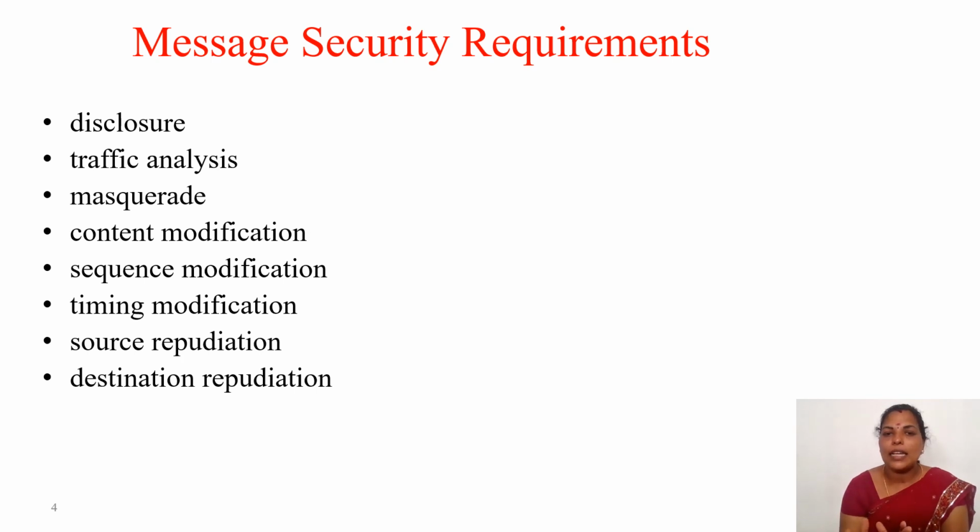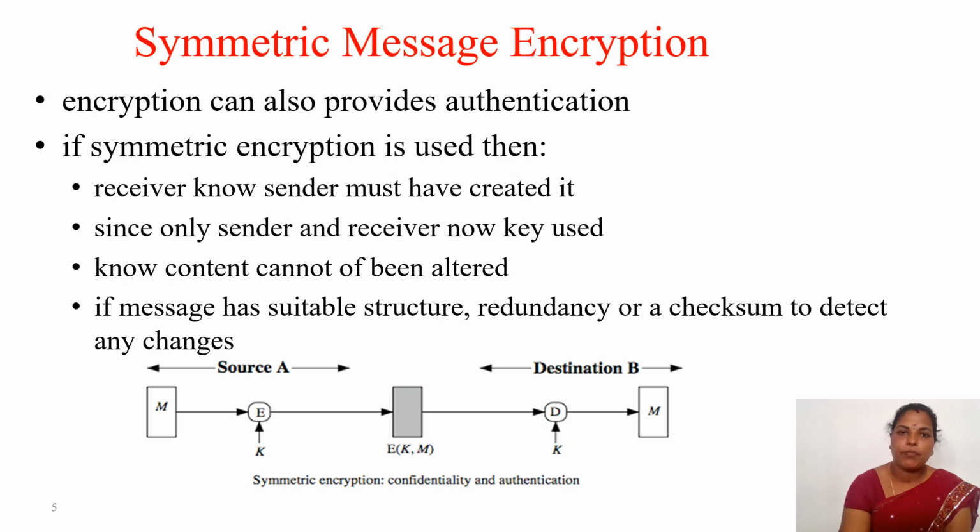In the authentication part, we have to check masquerade, content modification, and sequence modification. These things are for data integrity. So for authentication we have masquerade to destination repudiation. Now let us see how to generate the message authentication code.